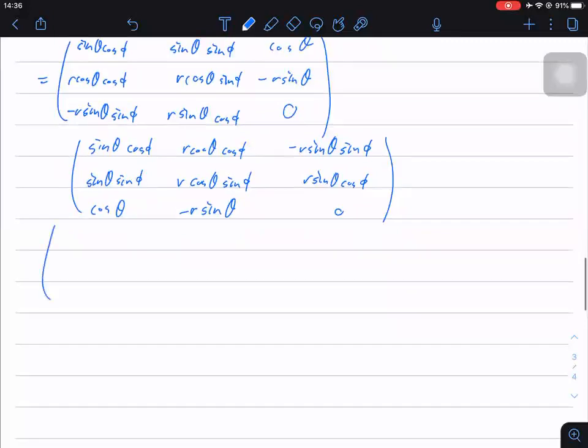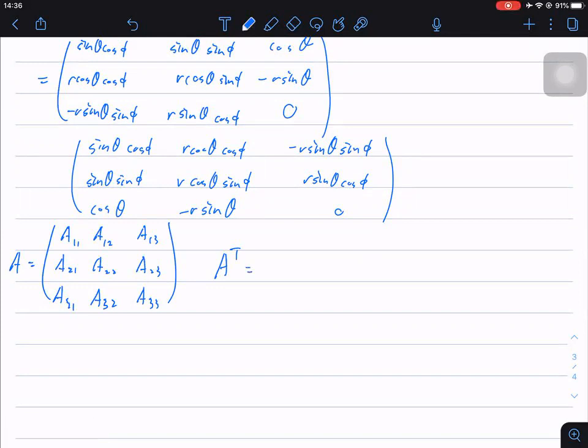So let me explain it in more detail. Let's say we have a matrix A here, and these are the matrix components. Okay, 2, 3, 3, 1, 3, 2, and 3, 3. So now what is A transpose? Let me just give one example. Consider only the 1, 2 index and 2, 1 index here.